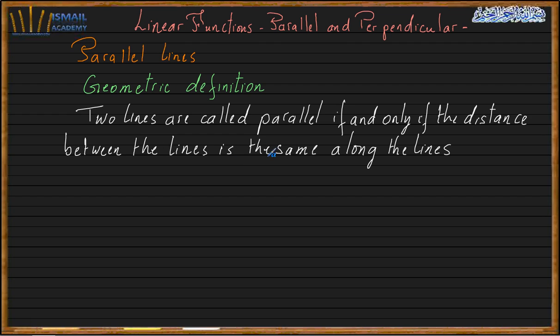Or sometimes we use the word constant: is constant along the line. Constant means unchanged, does not change. So this is about the geometric definition.